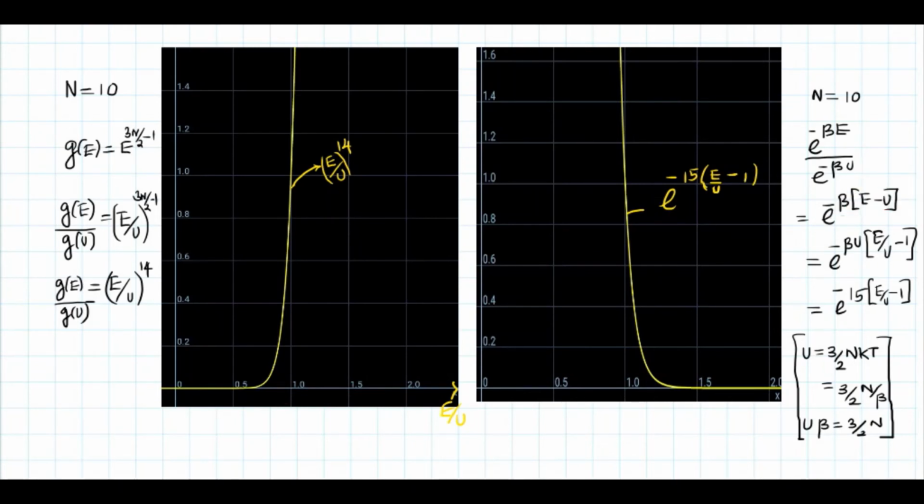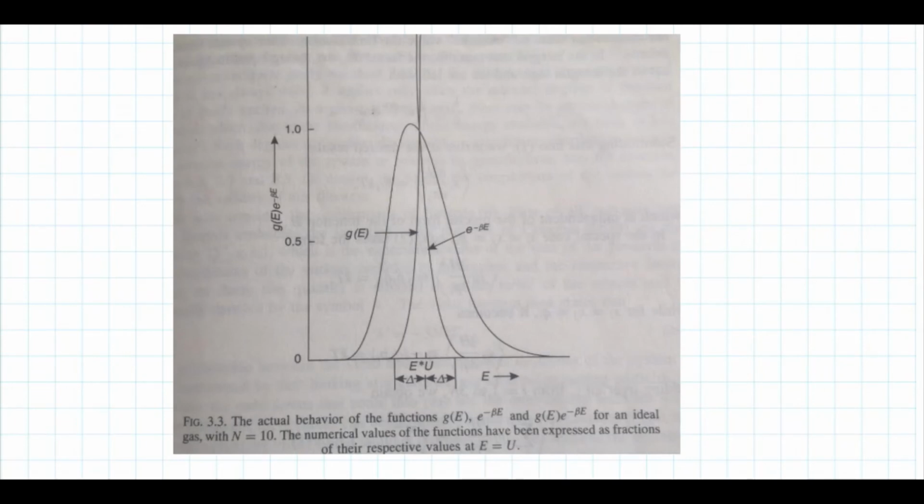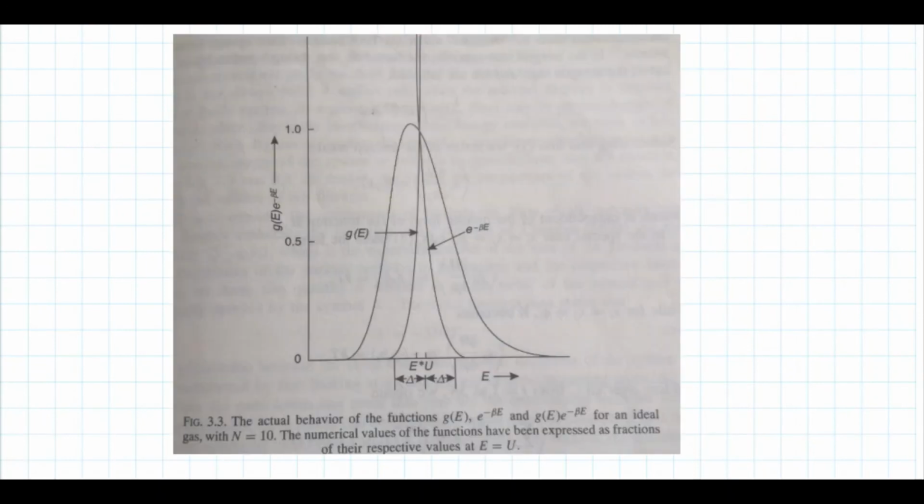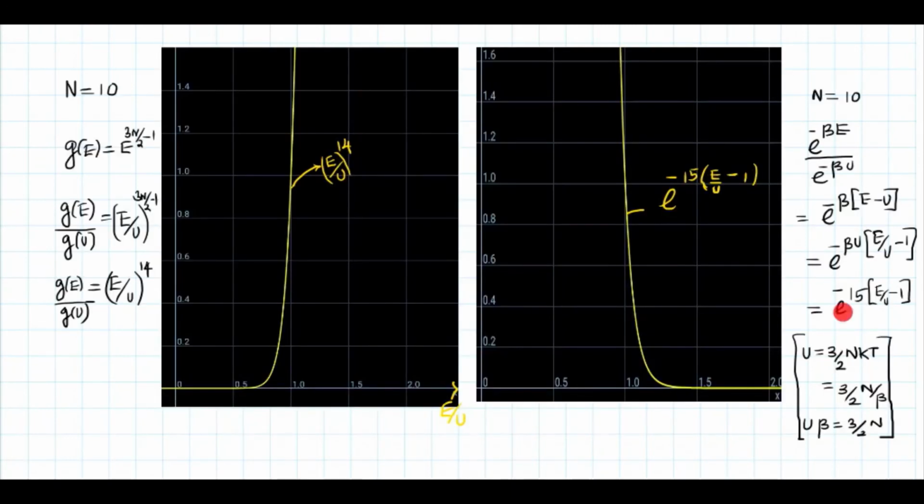You can take this u outside, then it becomes e raised to minus beta u into e by u minus 1. What is beta u? Beta u is 15 because here you can see that beta is 1, beta inverse is 1 by beta. Beta u is 15 when n is equal to 10. So in this graph, it is e raised to minus 15 into e by u minus 1.